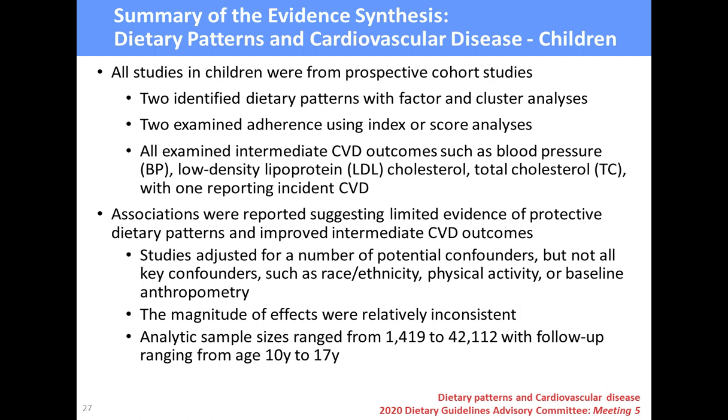Associations were reported in the 4 articles showing limited evidence of protective dietary patterns and improved intermediate CVD outcomes. Studies adjusted for a number of potential confounders, but not all key confounders such as race, ethnicity, physical activity, or baseline anthropometry. The magnitude of effects were relatively inconsistent, and analytical sample size ranged from about 1,400 to 4,112, with follow-up ranging from age 10 years to 17 years.